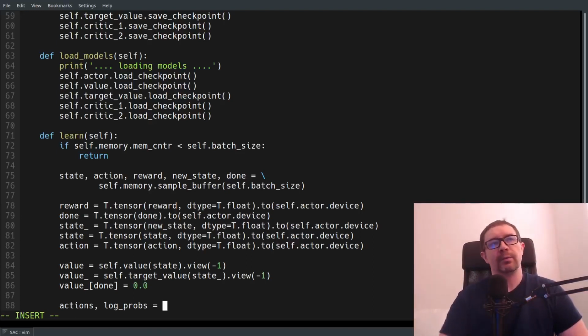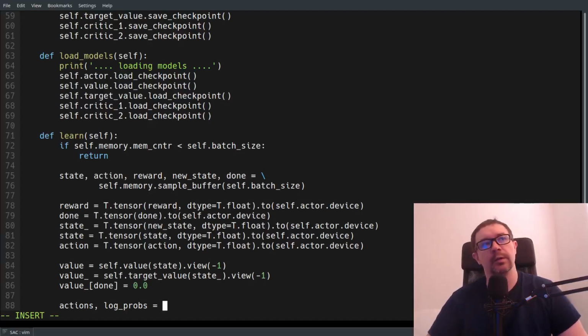So the next thing we have to do is we have to get the actions and log probabilities for the states according to the new policy, and not for the actions that were actually sampled from our buffer.